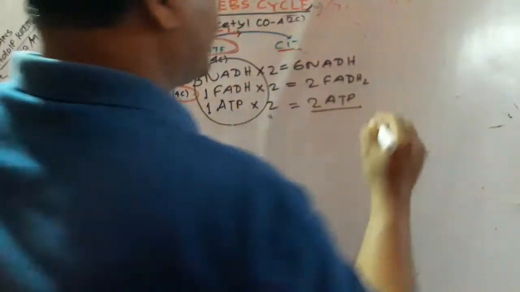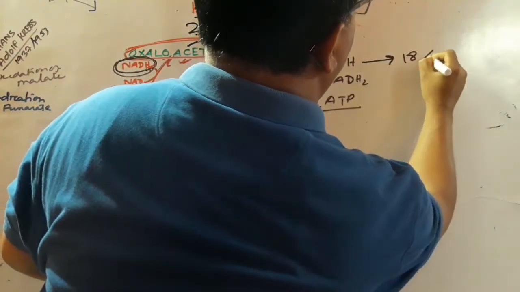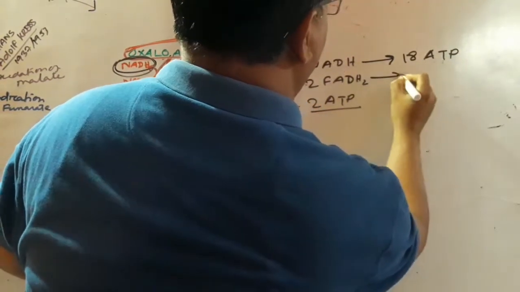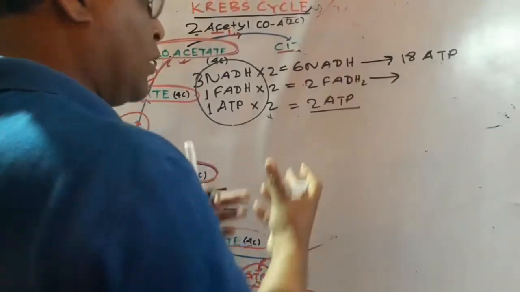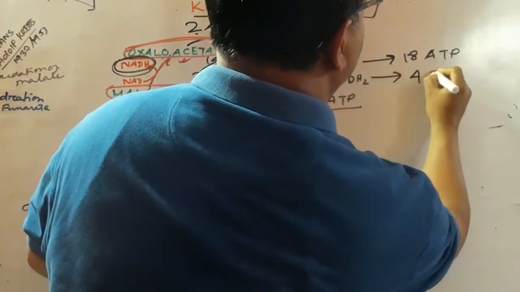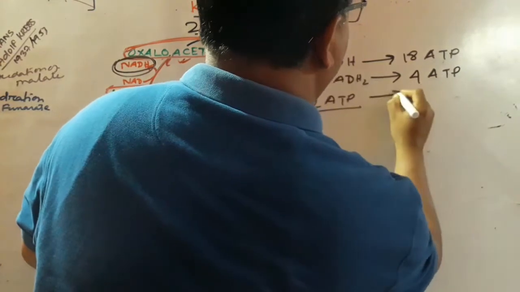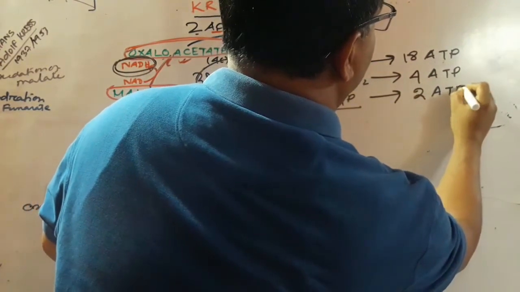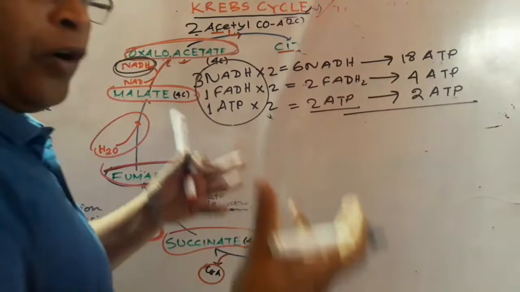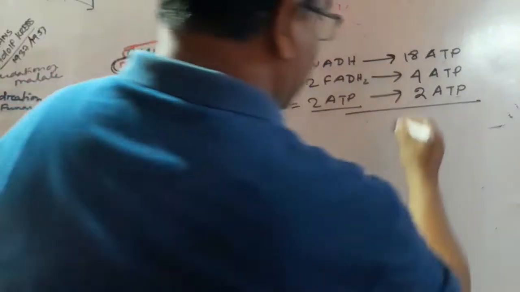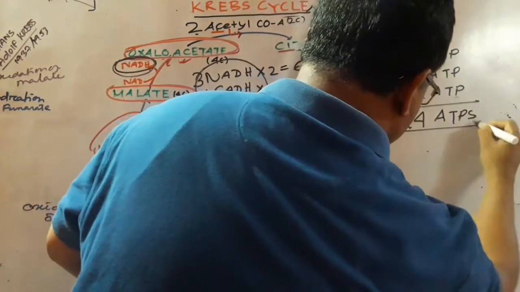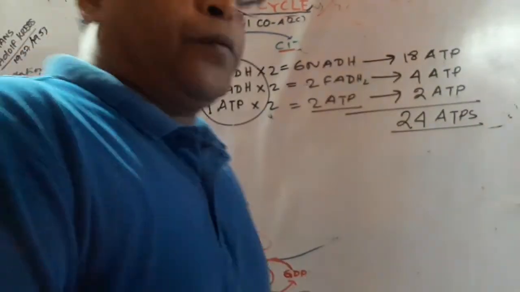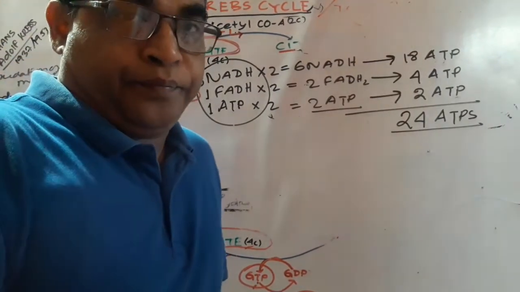From 6 NADH at the rate of 3 ATPs, 18 ATP will be generated, and from 2 FADH at the rate of 2 ATPs from 1 FADH, 4 ATP will be generated, and there are 2 ATPs. So how many ATPs are formed in the Krebs citric acid cycle? This is 24 ATPs. So from the Krebs cycle, 24 ATPs are generated.